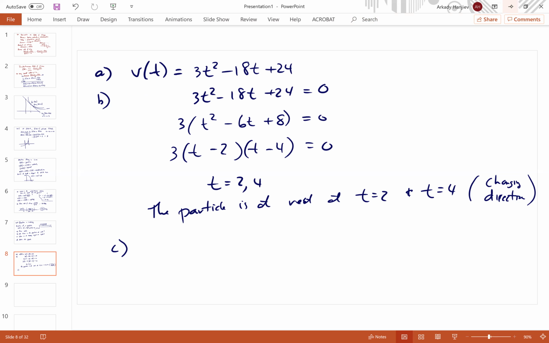Do you guys remember back in Algebra 2 when we were talking about whether it's above the x-axis or below the x-axis? We had these little points, and we'd put a plus or minus between them, with little test points between the two.